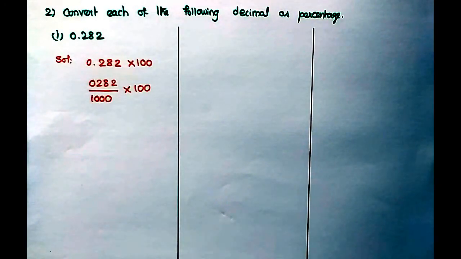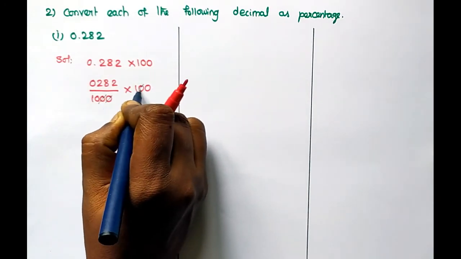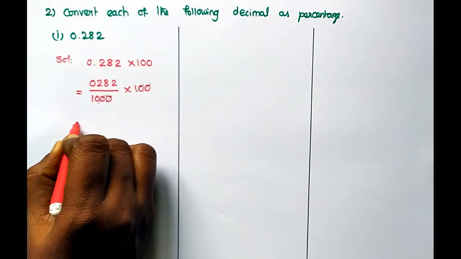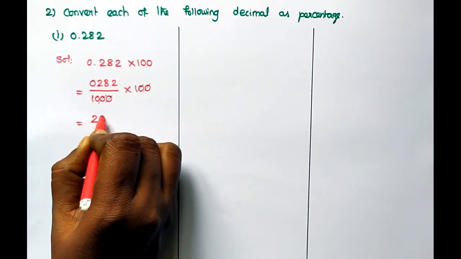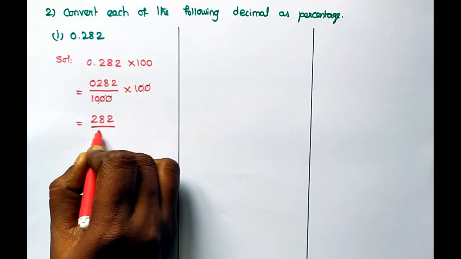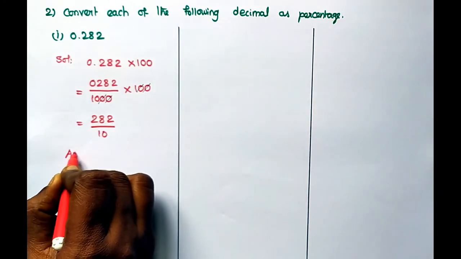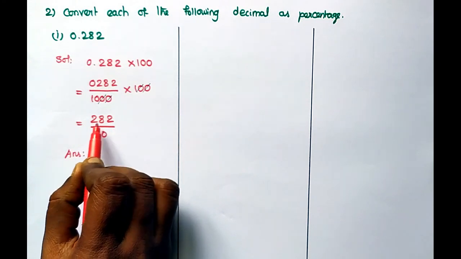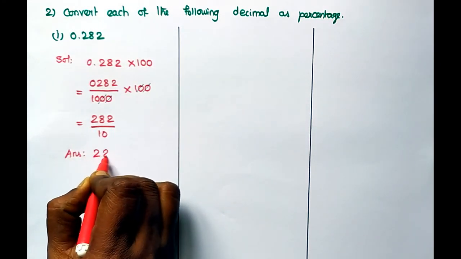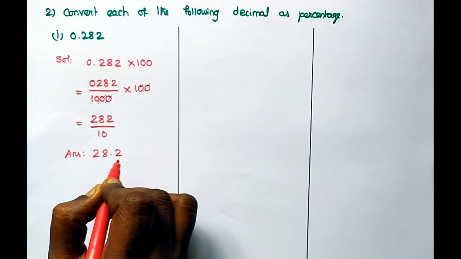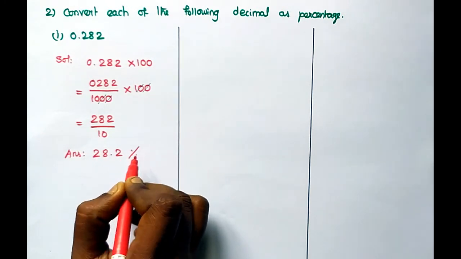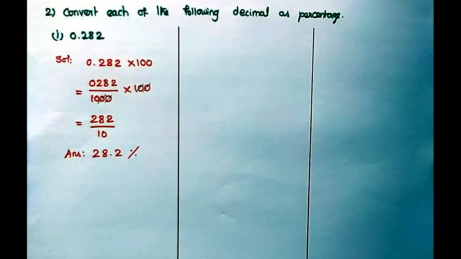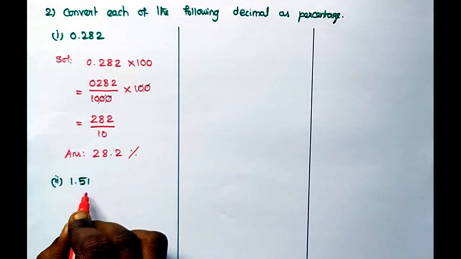Now cancel the zeros. 2 zeros are cancelled. We get 282 divided by 10. Now the answer: in the denominator 10, so before one digit we have to keep the point. So 28.2% is the answer. Next one, 1.51.